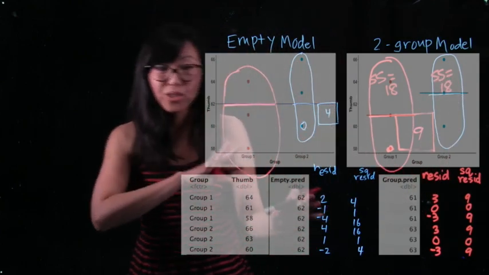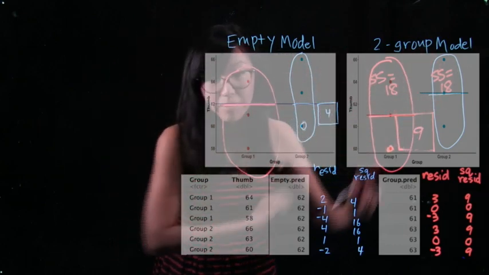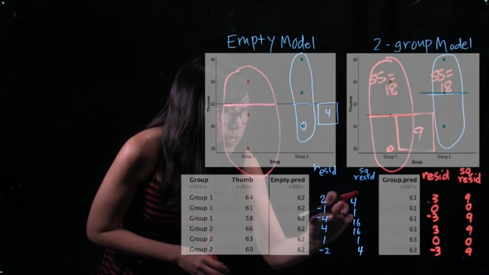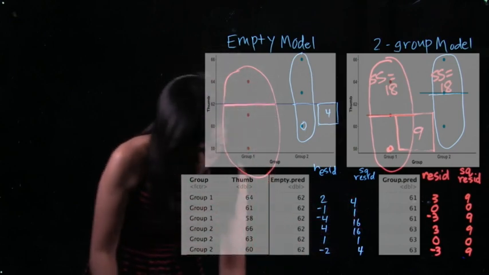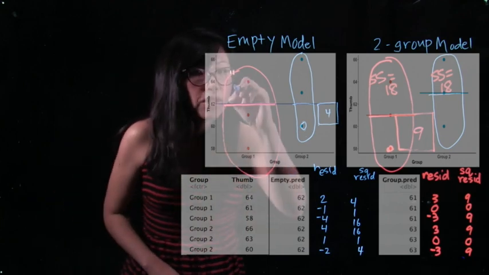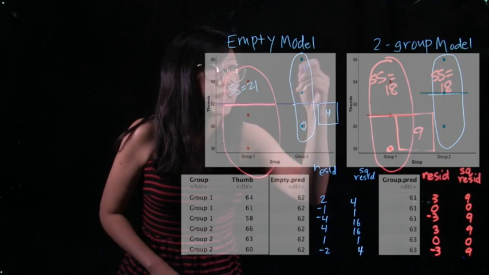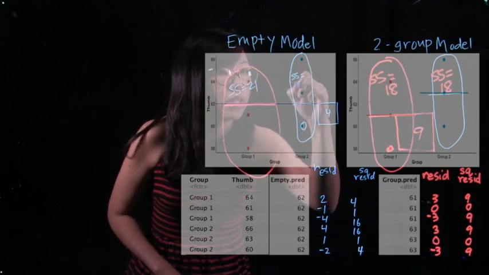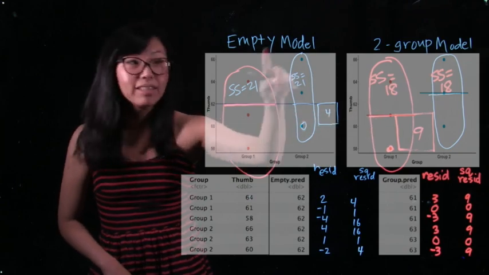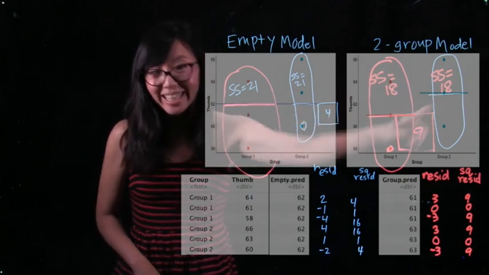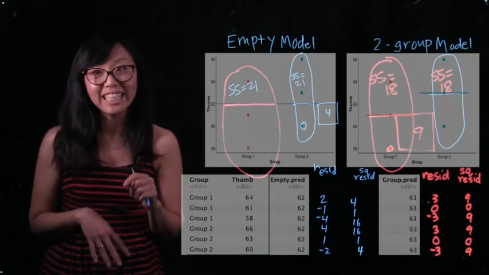What I told you was that these two sums of squares would be bigger than these two sums of squares. So let's see if that's actually true. The first group's sum of squares is 16 plus 4 is 20, 21. So the sum of squares here is 21, and the sum of squares here is also 21. And 21 is bigger than 18. So when you add them together, 21 and 21 is bigger than 18 and 18.